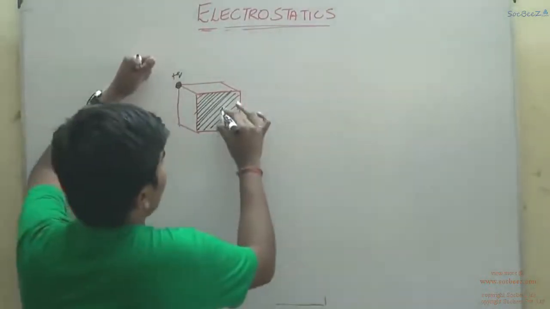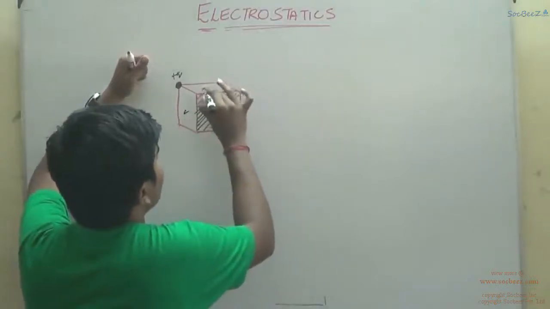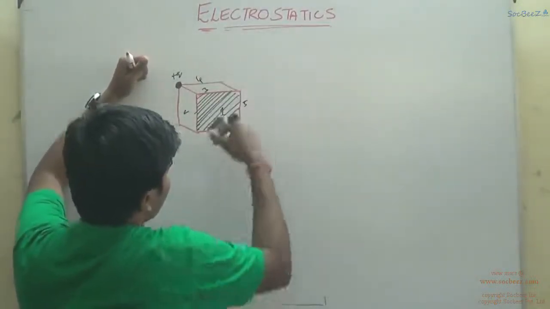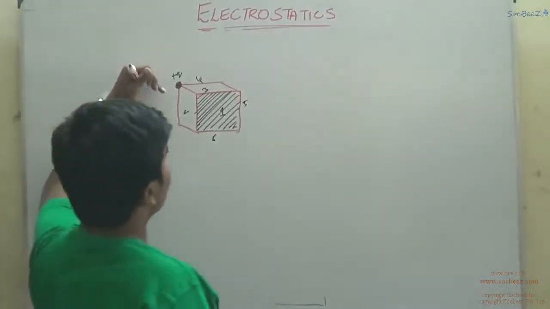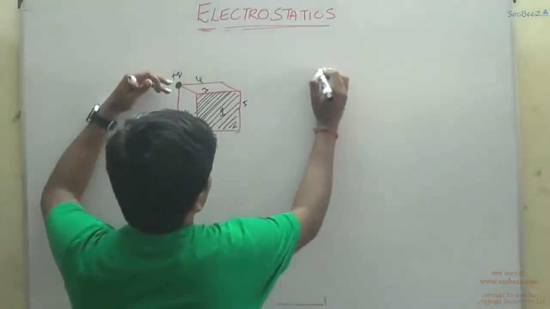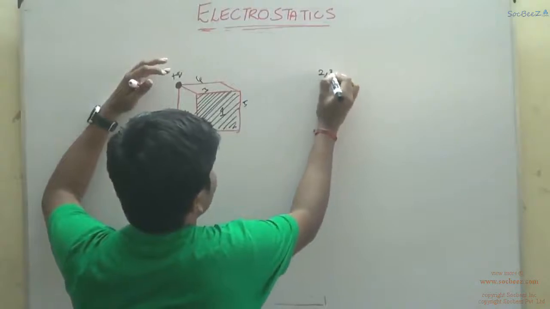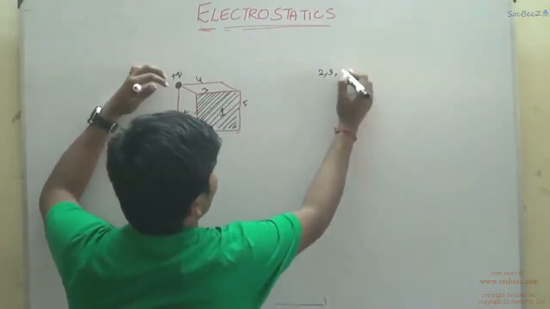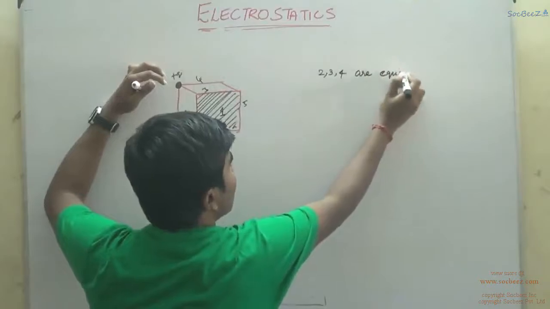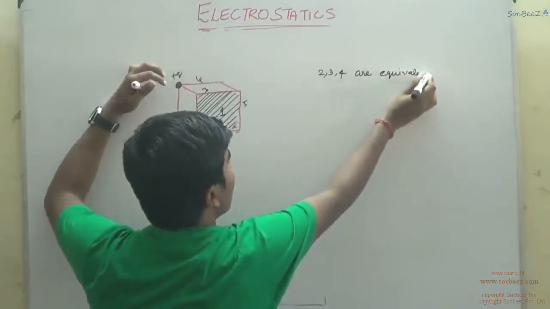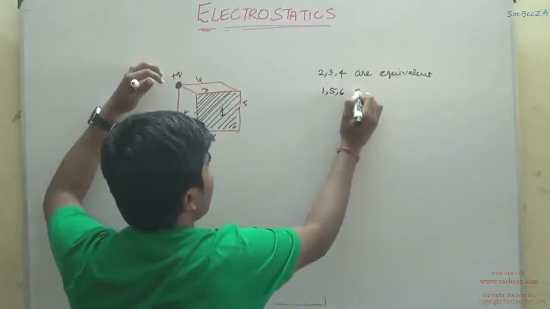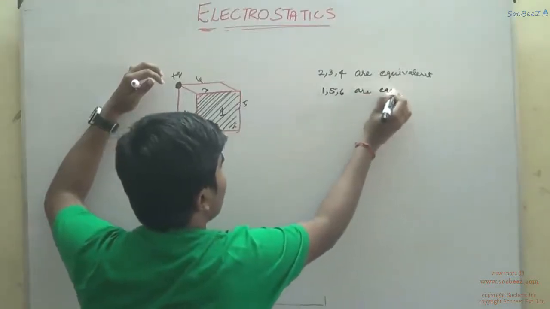Let this be face 1, this 2, this 3, the backward one 4, the side one 5 and the downward one 6. So we say that faces like 2, 3 and 4 are equivalent, and faces 1, 5 and 6 are equivalent.